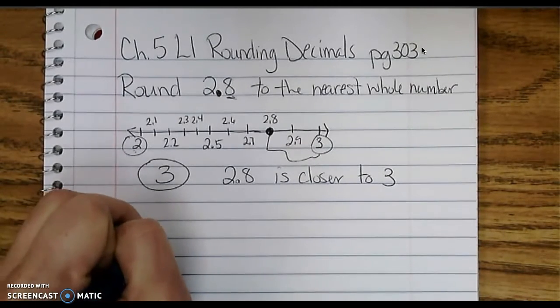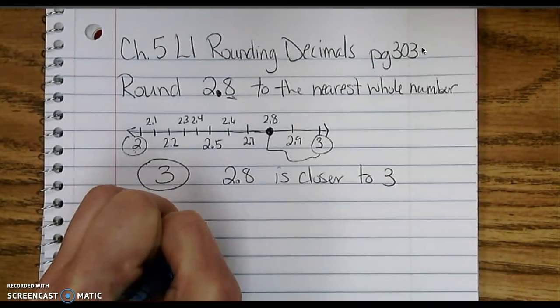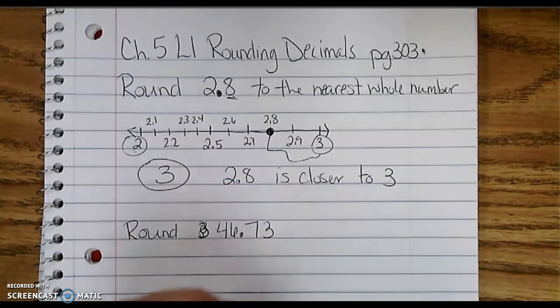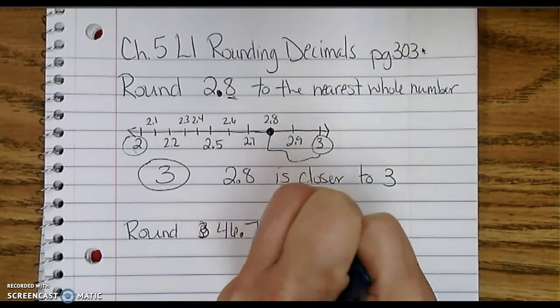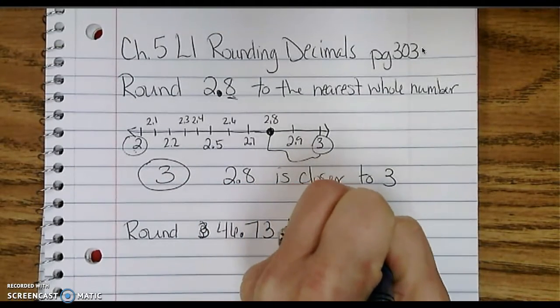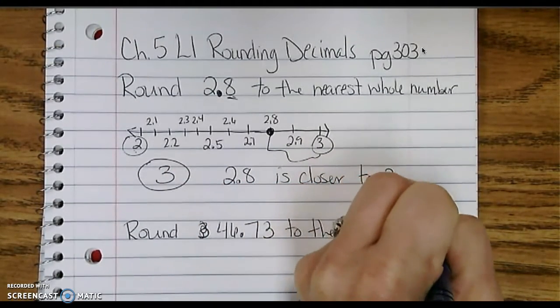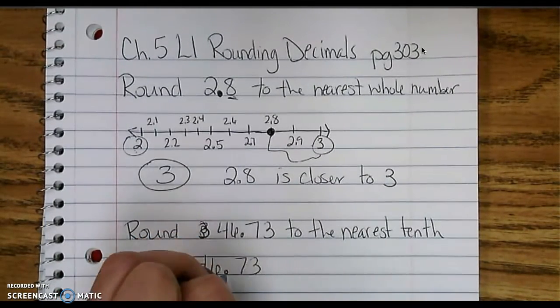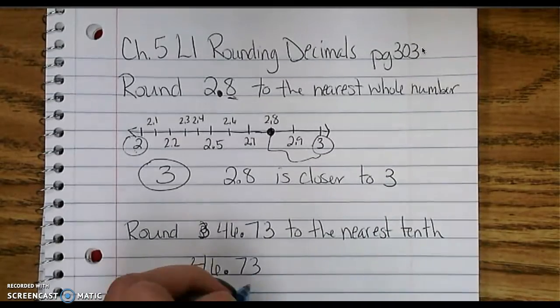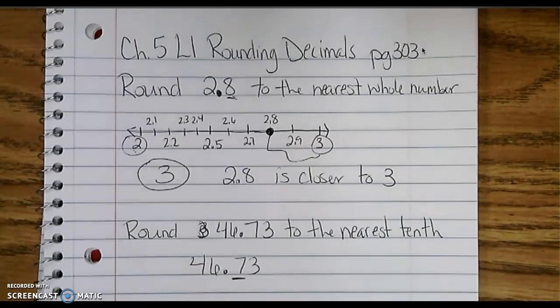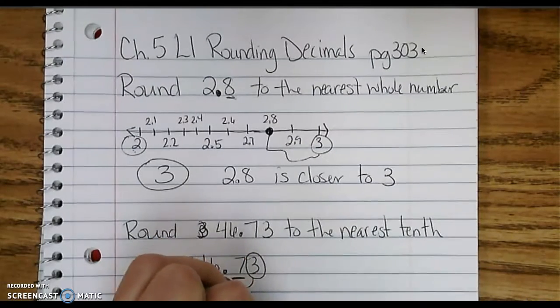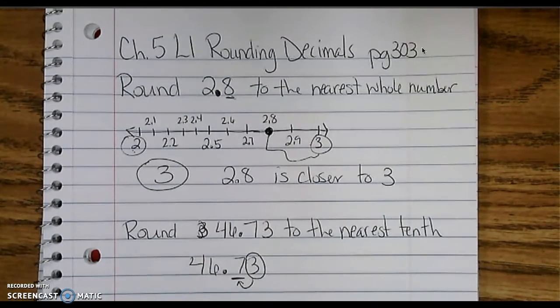So if the directions, and this is from page 304, say round 46 and 73/100 to the nearest tenth, then I'm going to take my number, and what I do is I underline the tenths place, which is here, that's 7, and I circle the digit directly to the right because that digit tells the 7 what to do.